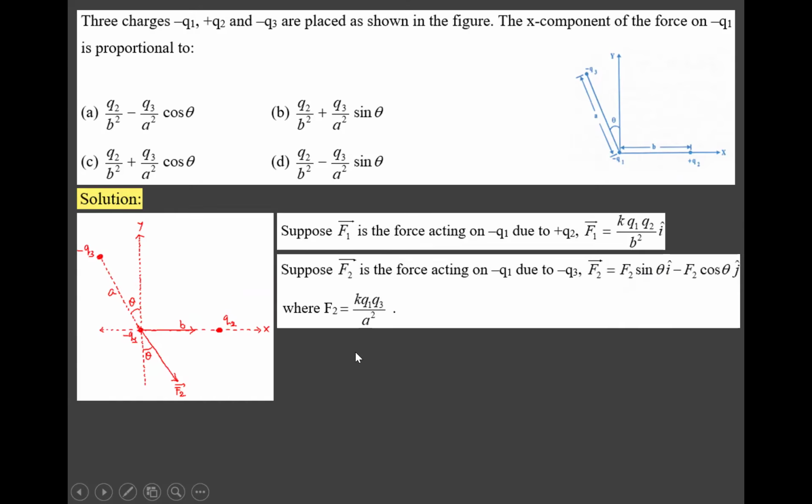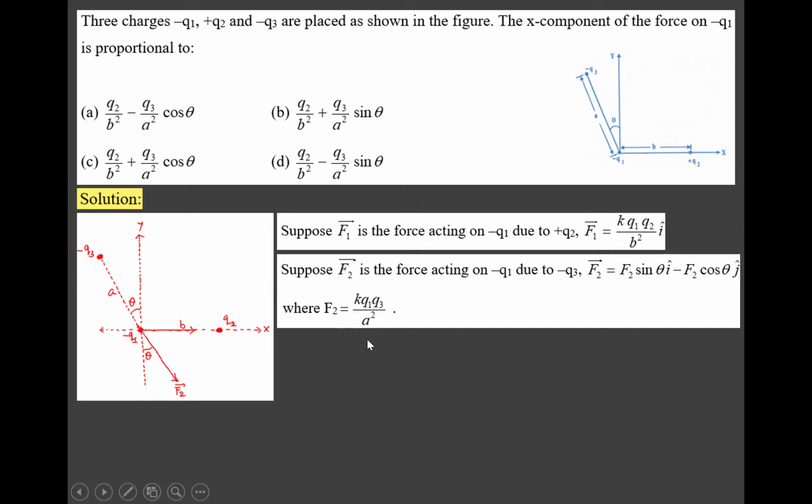So here, the force on minus Q1 due to minus Q3, suppose that is F2, so we can write force F2, that is F2 sine theta i caret minus F2 cos theta j caret. And magnitude wise, we can write here this F2, that is K Q1 Q3 upon A square.